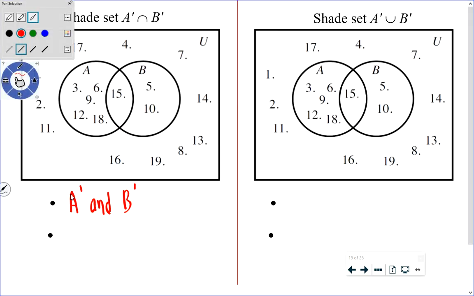So what we're talking about here is all of this.